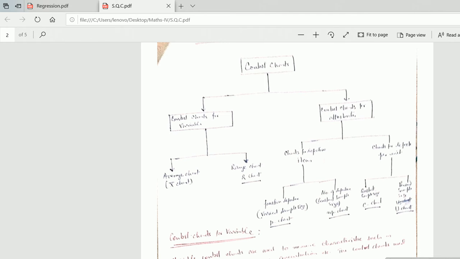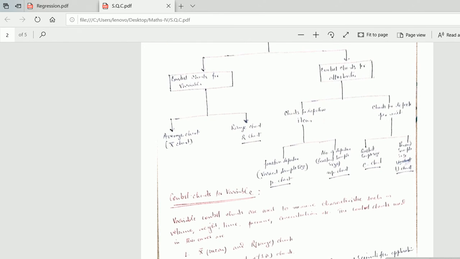Again, control charts for variables are divided into two parts: the average chart, given by the X bar chart, and the range chart, given by the R chart. And control charts for attributes are also divided into two parts. The first one is charts for defective items and the second one is charts for defects per unit.